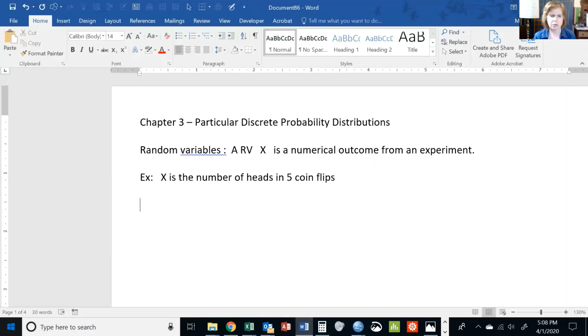And so today we're going to talk about a specific one, and we're going to have a definition. It is called the discrete uniform distribution.